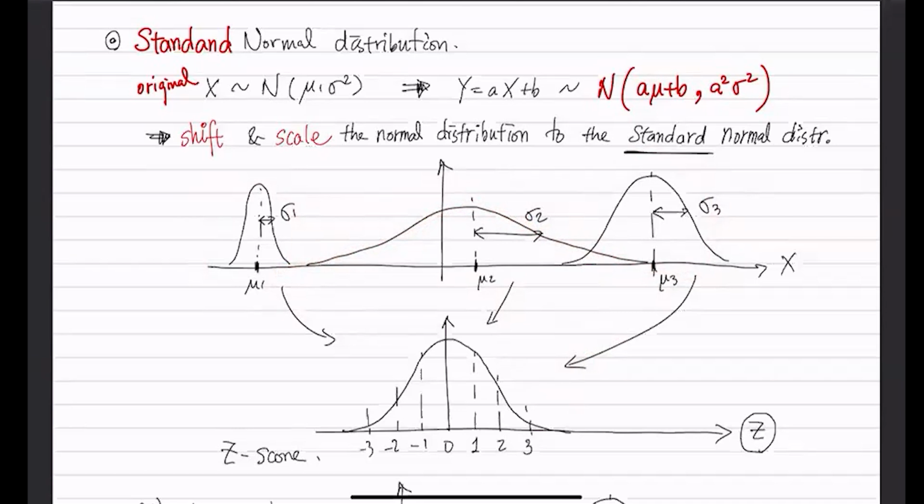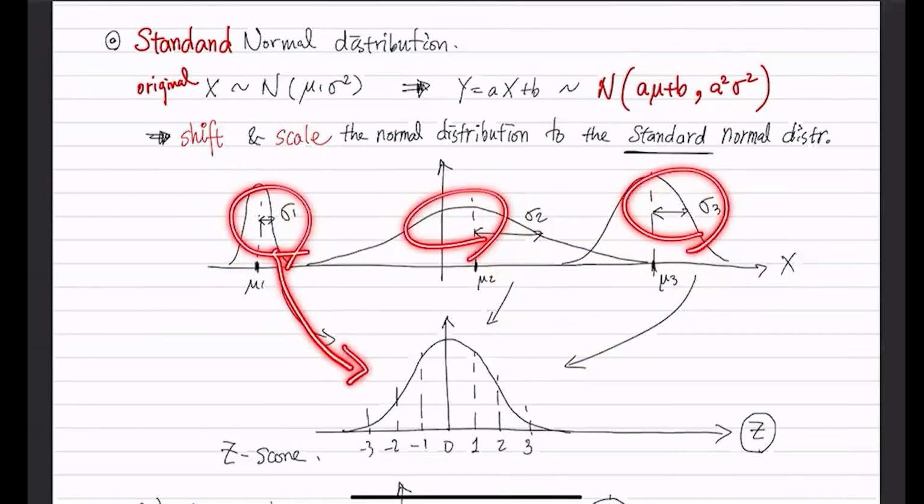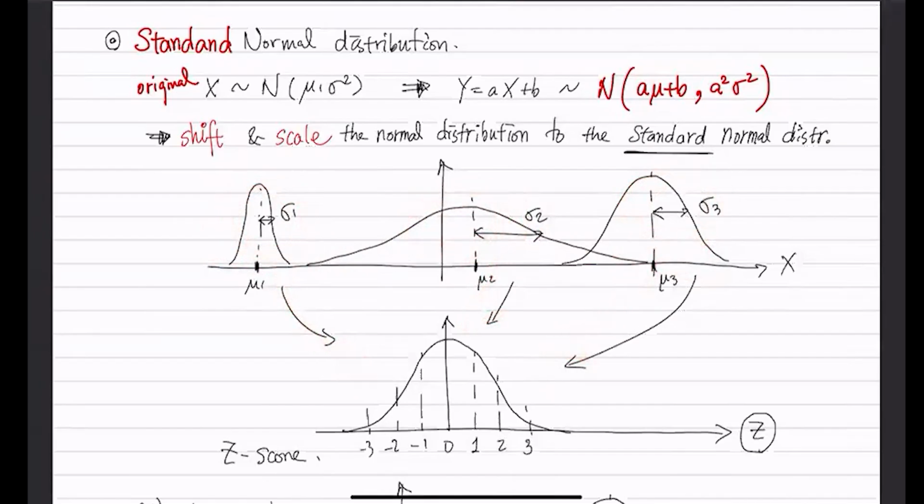Maybe it's more spread out, right? And I don't know, this one, say it's another distribution, okay? But they're all normal distributions. And all those different distributions can be scaled into a standard normal distribution that has a mean value of 0 and a standard deviation of 1, okay? That's the concept here.